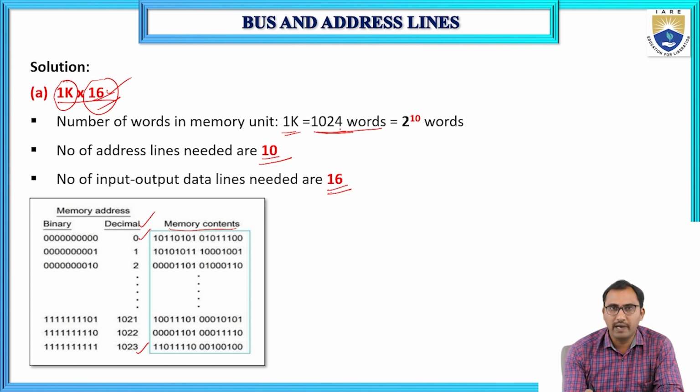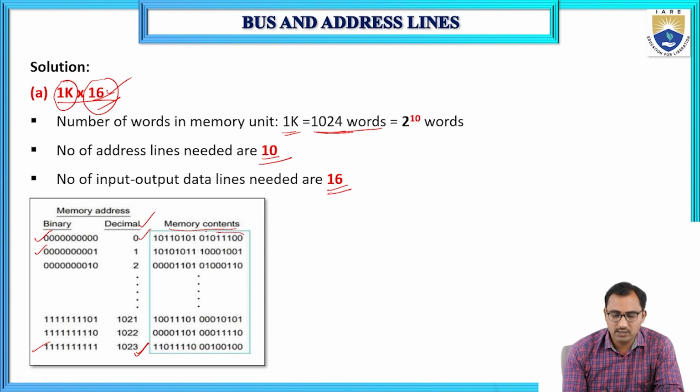If you represent the same in binary, 0 means all zeros, 10 zeros. 1 represents 9 zeros with the LSB as 1. Like that, all the values can be represented in both binary as well as decimal.